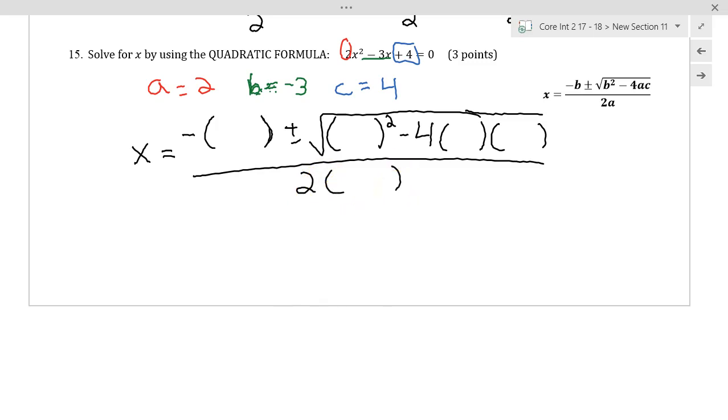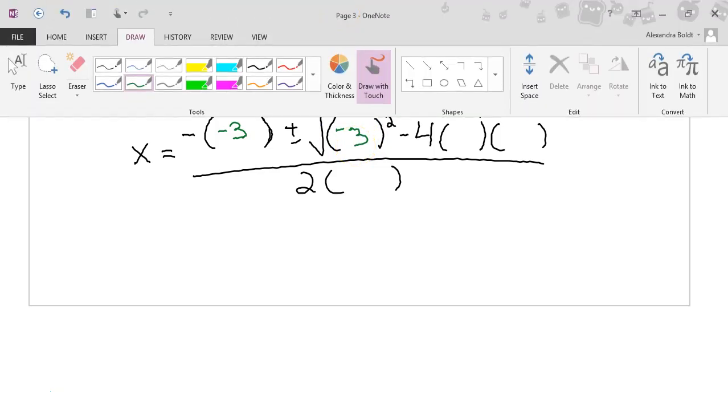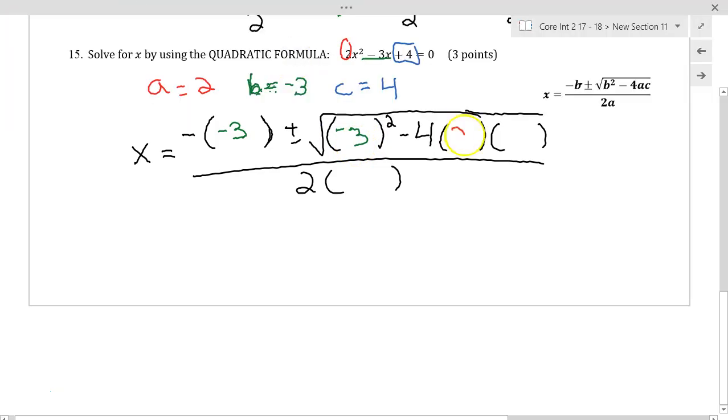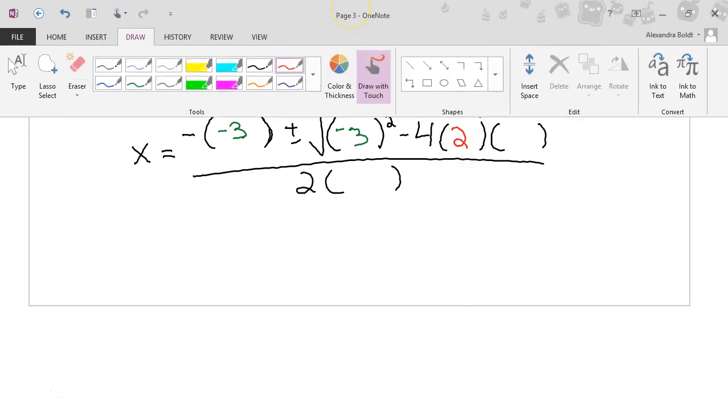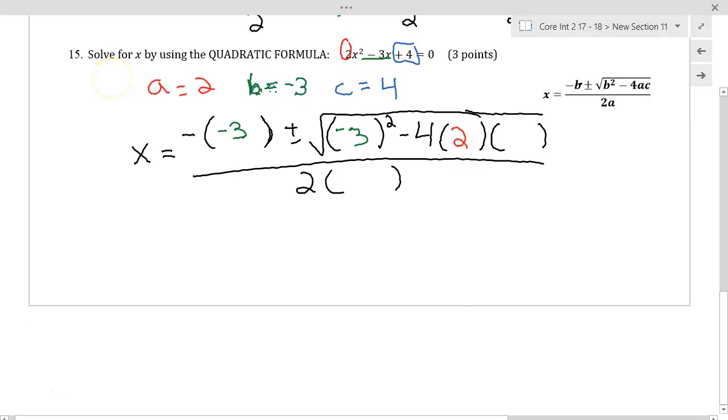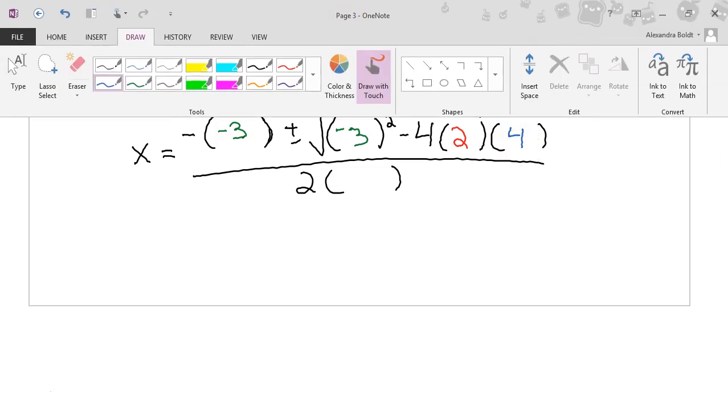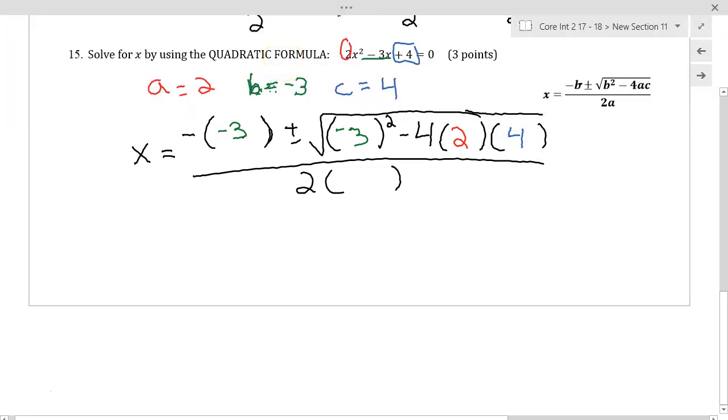Okay. So my first letter is B, which is -3. Plus or minus, my second letter is B, -3. My third letter is A, which is 2. Then comes C, which is 4, all over 2 times A, which is 2.